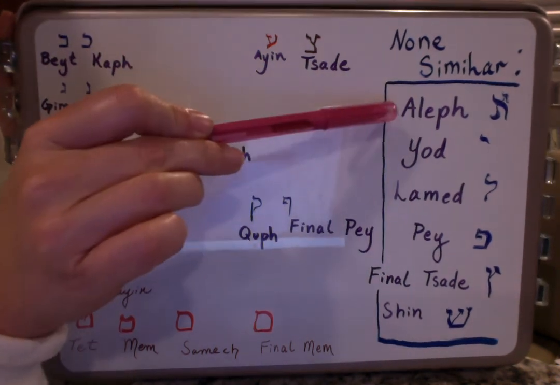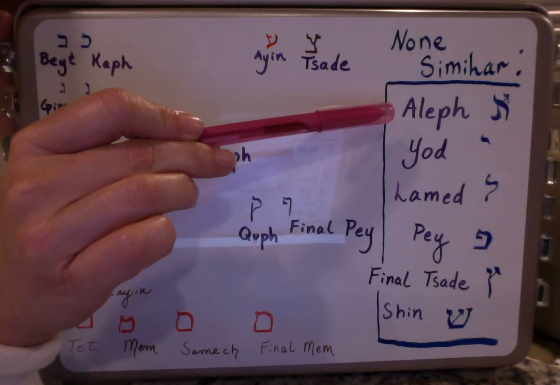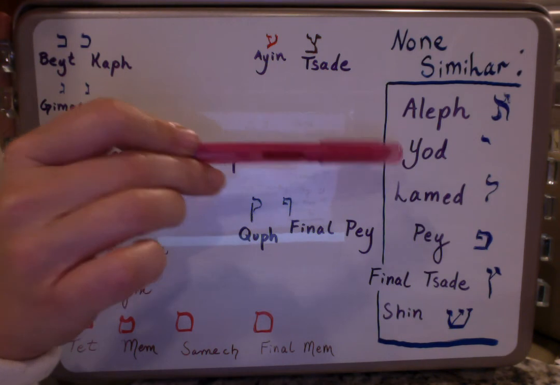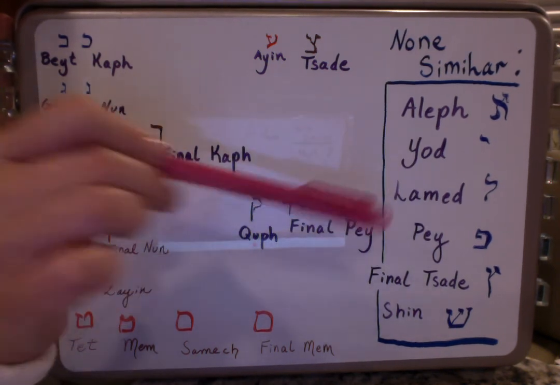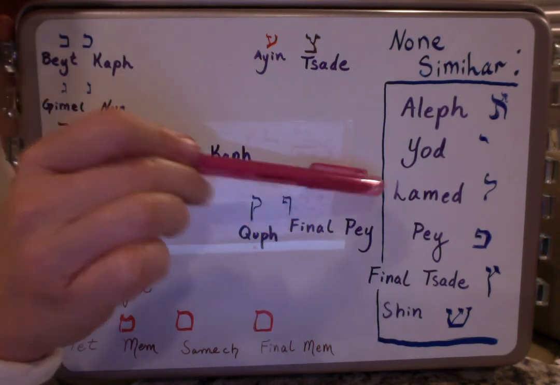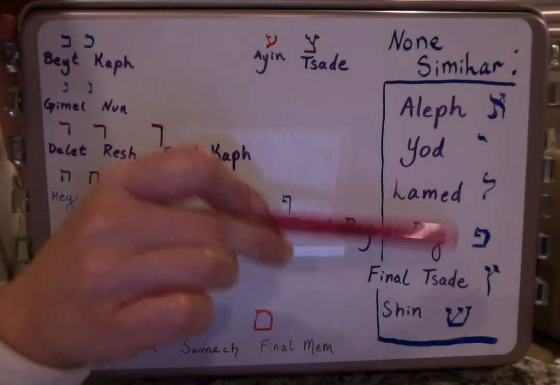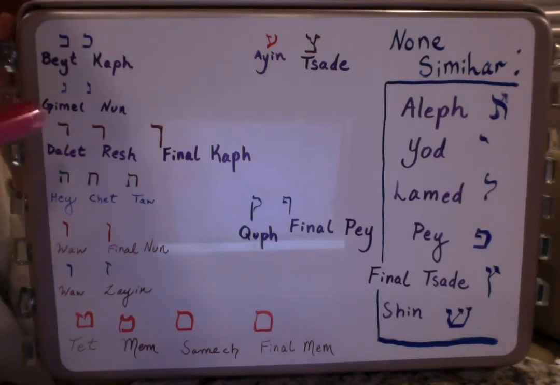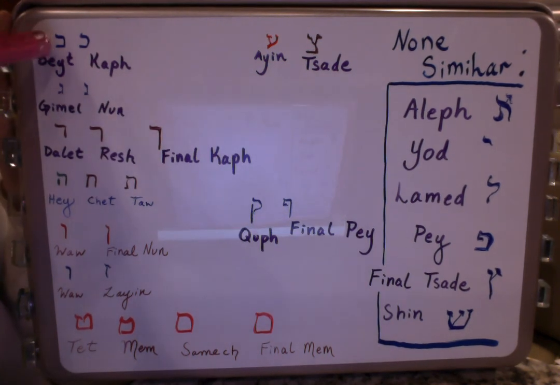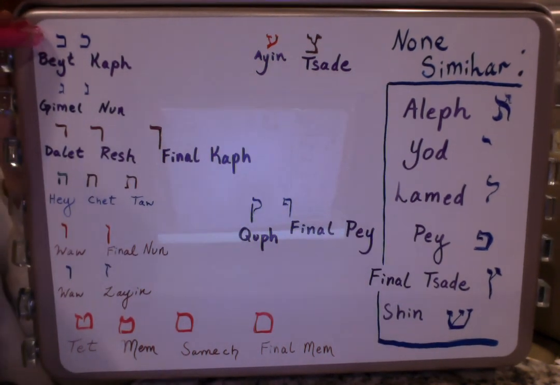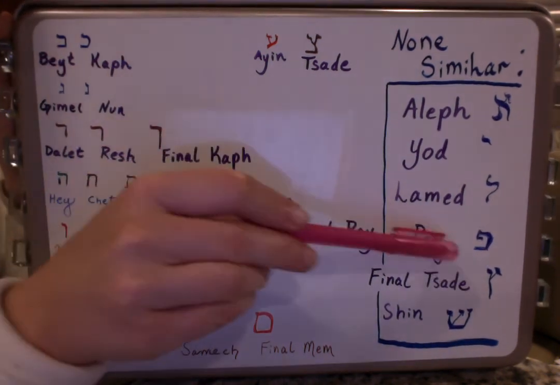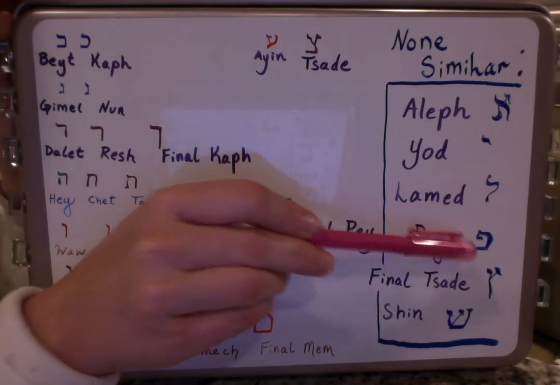And then over here we have the ones that I mentioned that are standalones: Aleph, Yod, Lamed, Pei. Not the final Pei. Remember, this one is at the end of the word, but just a regular Pei. I mean, yeah, it's kind of like Bet, but Bet has no part coming down and in, where over here it does have the part coming down and in.